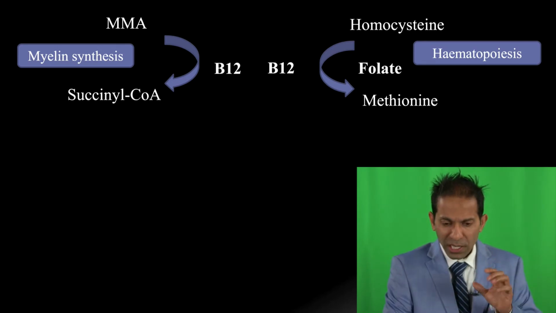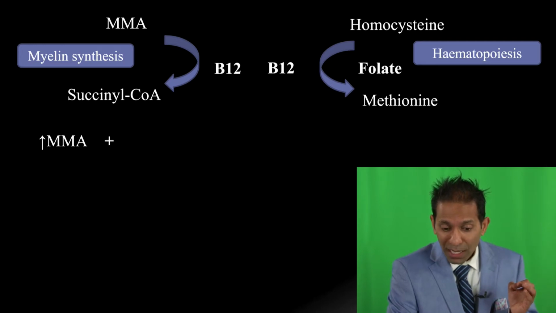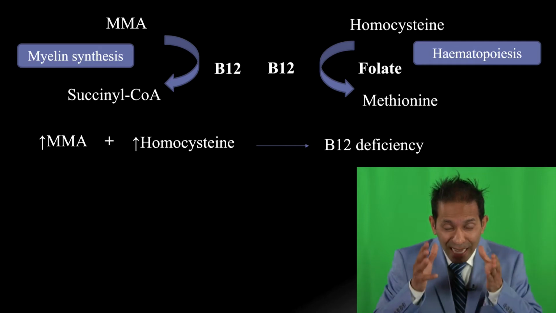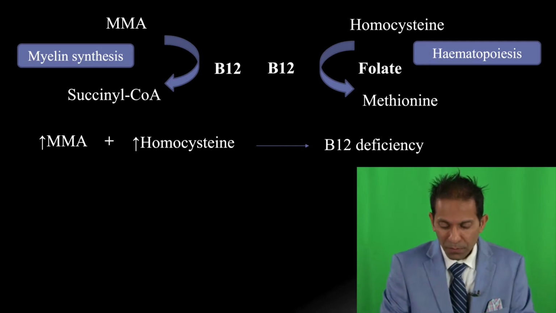Now if a patient has a deficiency of B12, they will have elevation of methylmalonic acid plus elevation of homocysteine, and that's why we check the methylmalonic acid level in our patient.